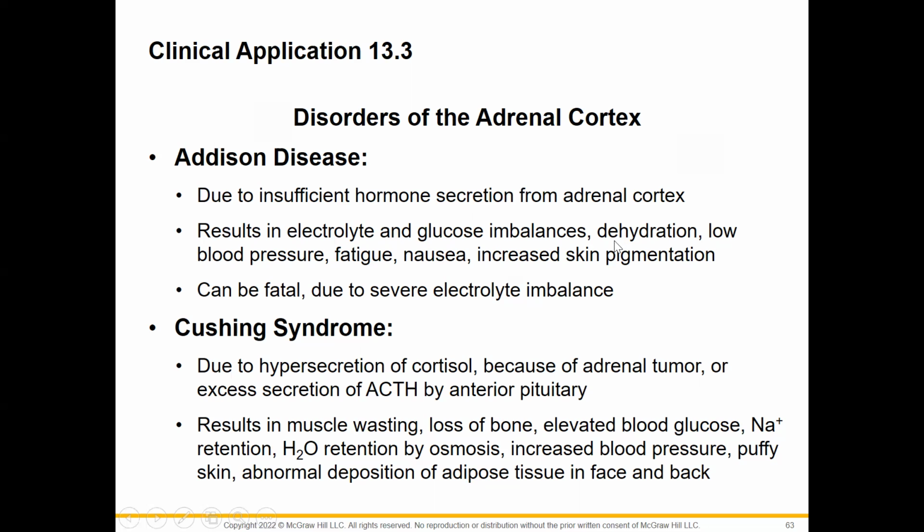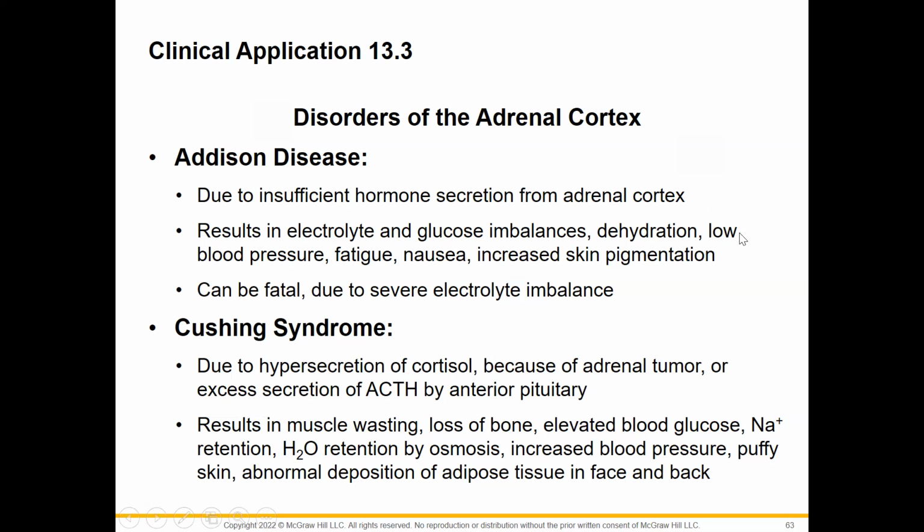It can cause dehydration. Remember, mineralocorticoids, specifically aldosterone, affect sodium, sodium affects water. So if you're not producing adequate aldosterone, you can become dehydrated because you're losing sodium, which means you're losing water.